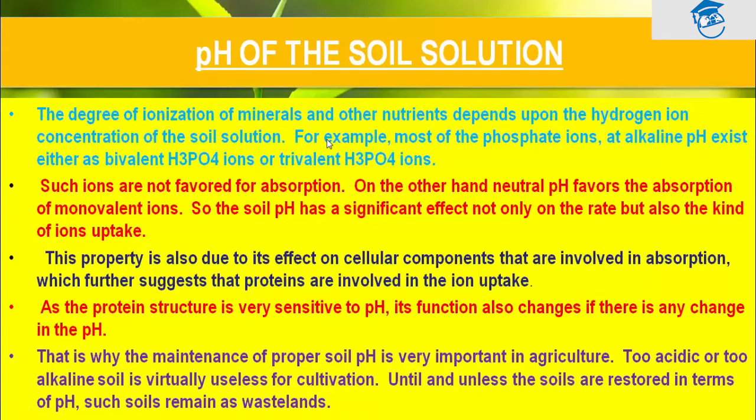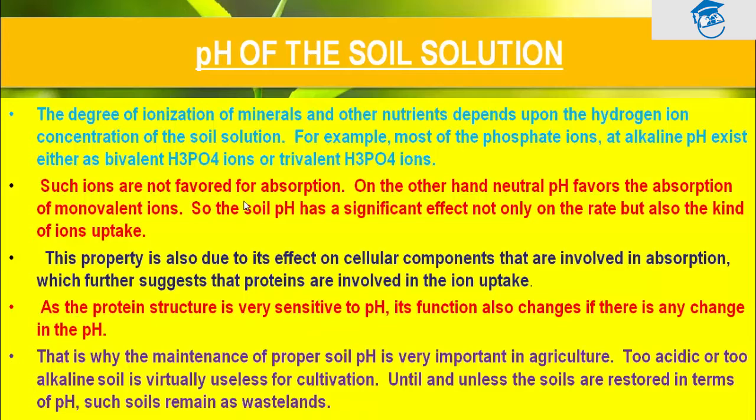pH is another most crucial factor that influences absorption of nutrients from soil. The degree of ionization of minerals and other nutrients depends upon the hydrogen ion concentration of the soil solution. See, in the soil solution, hydrogen ion is present. So the degree of ionization of mineral nutrients such as nitrogen, phosphorus, potassium all depends upon the hydrogen ion concentration of the soil solution.